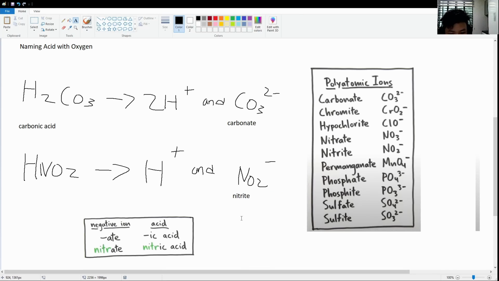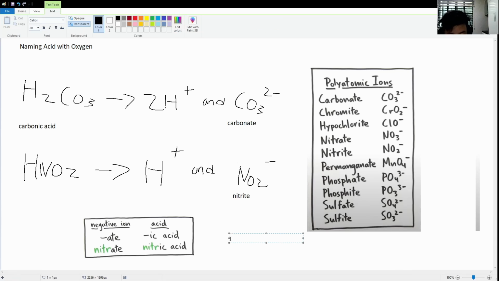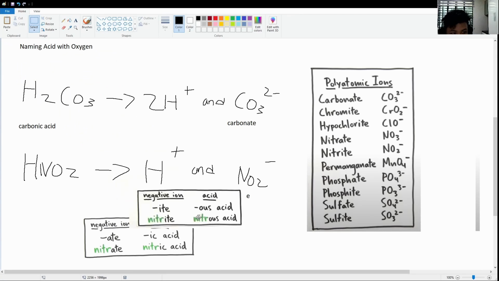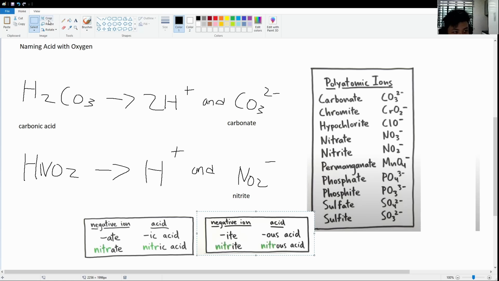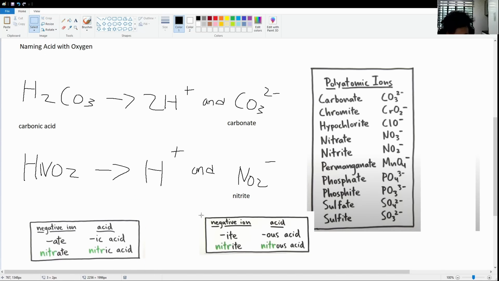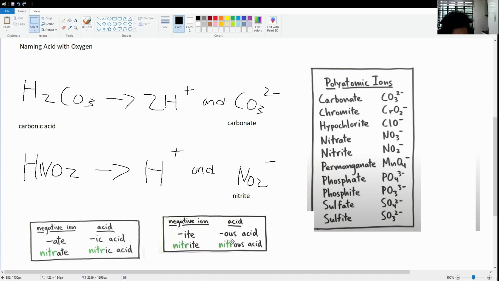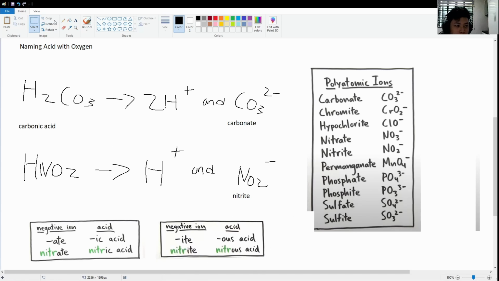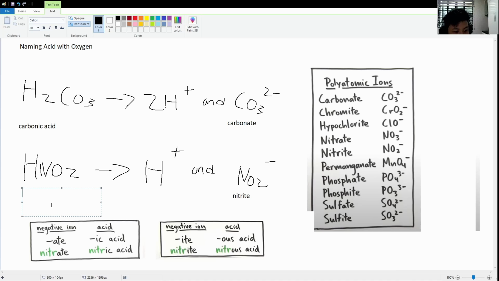This ends with ITE, so we're going to use this particular rule. ITE, we take the NITR, then add OUS. HNO2 is going to be nitrous acid.